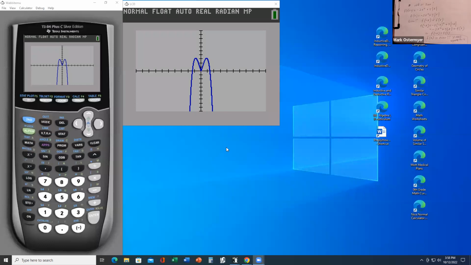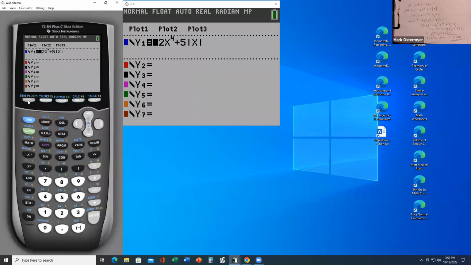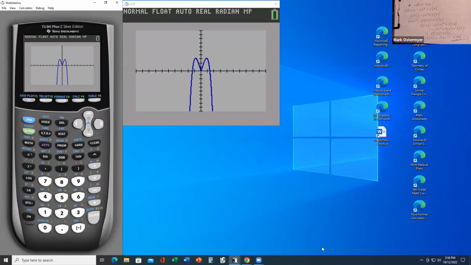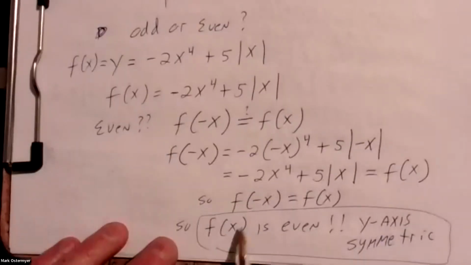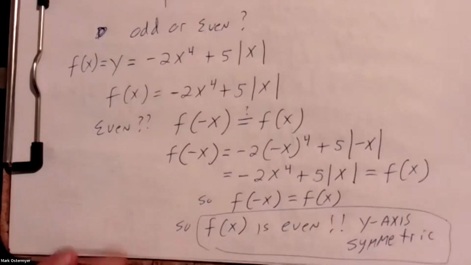Can we see that, ladies and gentlemen? I graphed our function here, and this is the graph. Does it look like it's symmetric with respect to the y-axis? It certainly does. And therefore, that confirms our suspicion that it is an even function. And we determined that it was even algebraically by showing that f of negative x is equal to f of x.